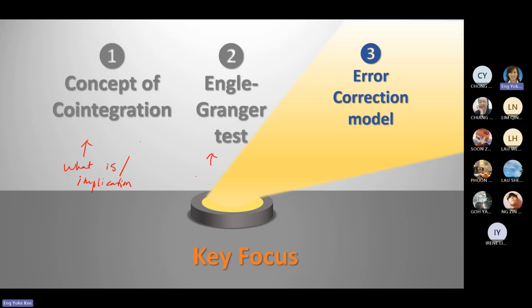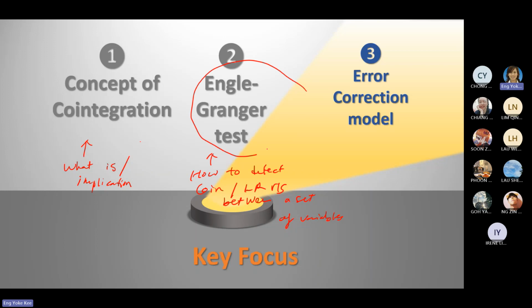Secondly, how to detect co-integration or a long-run relationship between sets of variables. We are focusing on a test called the Engle-Granger test.